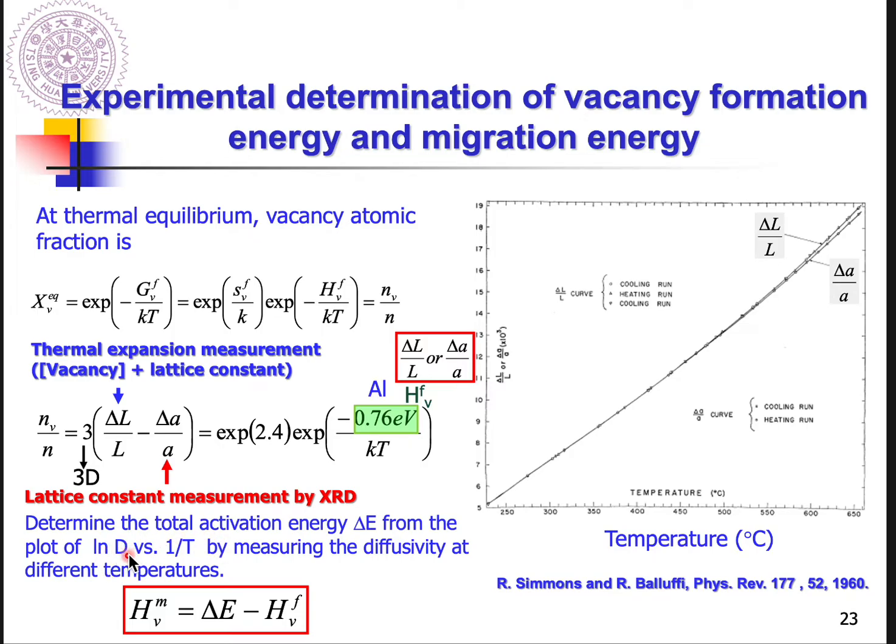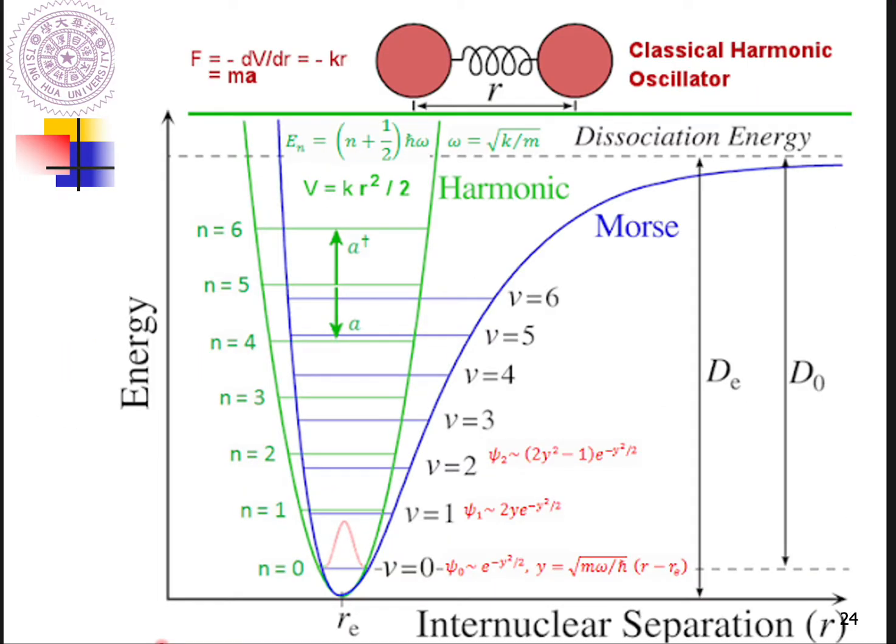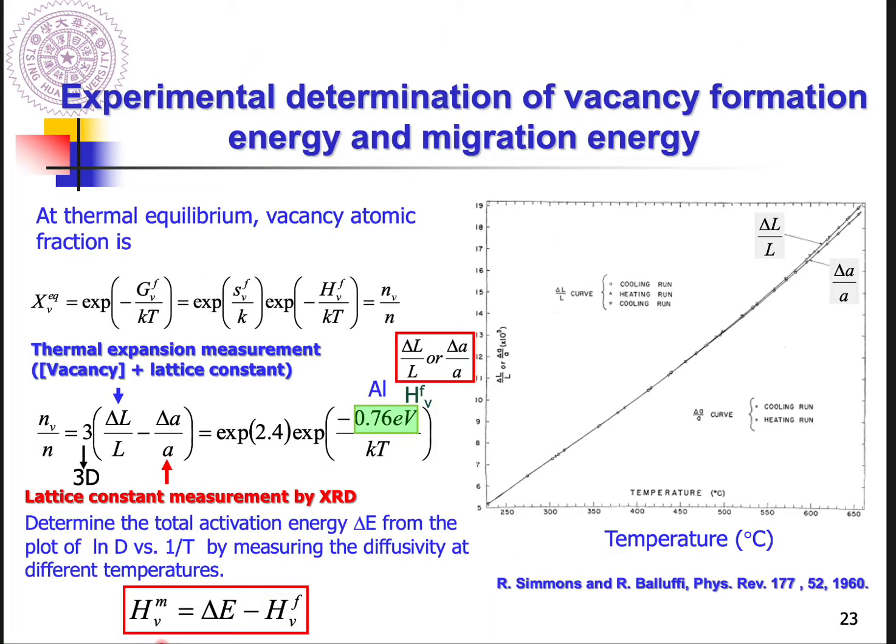Then you plot log D over 1 over T. Then the slope you can simply get is the delta E. So this you know, so you can get the vacancy migration energy for your materials. So this is how we determine the vacancy formation energy, vacancy migration energy, and also the total energy for your materials.